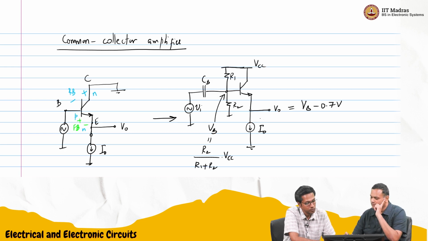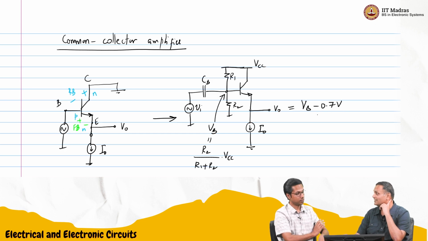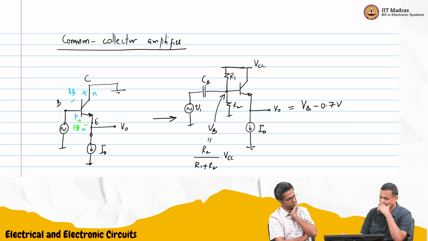Well, let us see. For AC, the base is set at VI, correct? So will this value be stuck at VB minus 0.7? It cannot be just DC, but will it amplify? That's my doubt. We need to look at that.